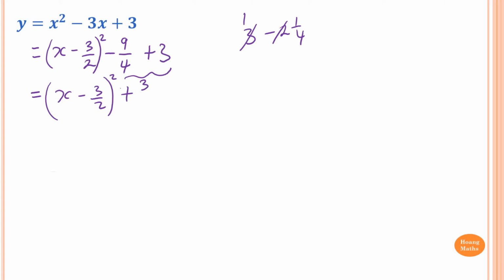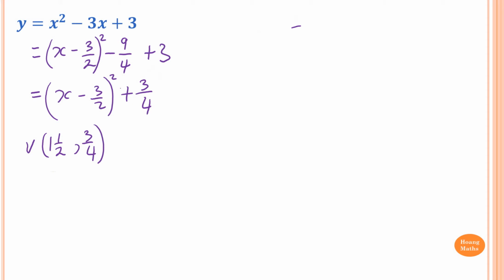So minus 3 over 4. So now the vertex or turning point, if you like, is 3 over 2 and 3/4. But 3 over 2 is 1.5 and then 3/4 for the y coordinate. So now we have the turning point.